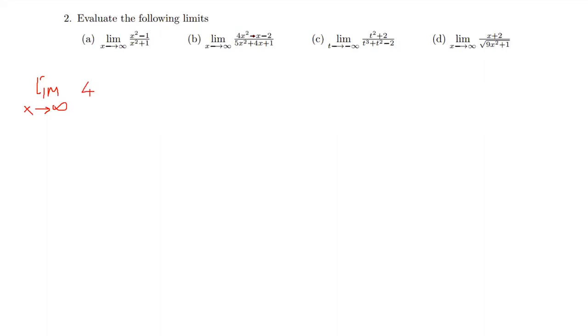When I divide x by x squared, I'm going to get 1 over x. When I divide 2 by x squared, I'm going to get 2 over x squared. Then on the denominator, 5x squared divided by x squared gives 5. Then 4x divided by x squared gives 4 over x. And then 1 divided by x squared gives 1 over x squared.